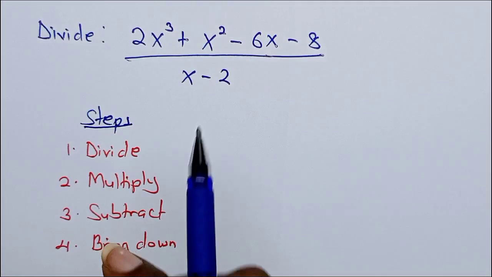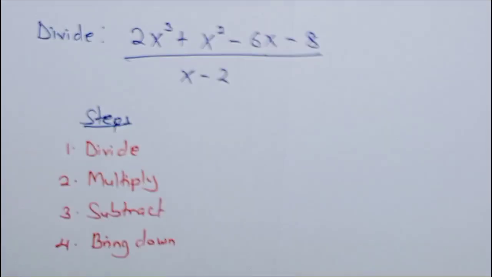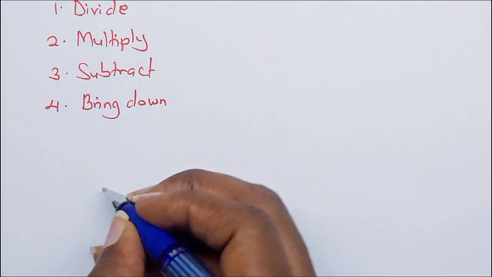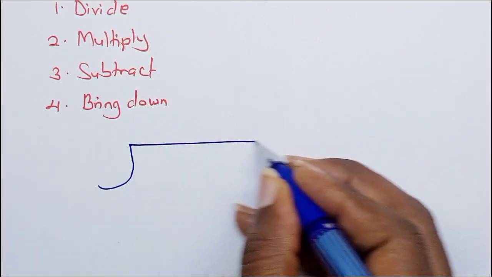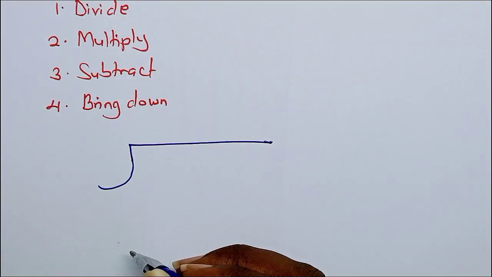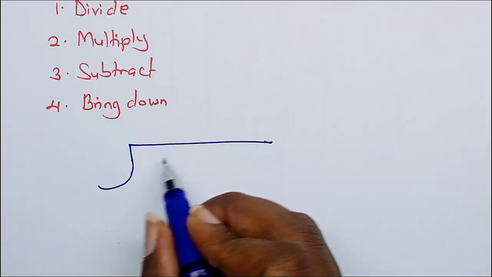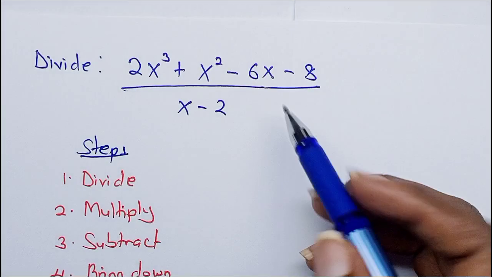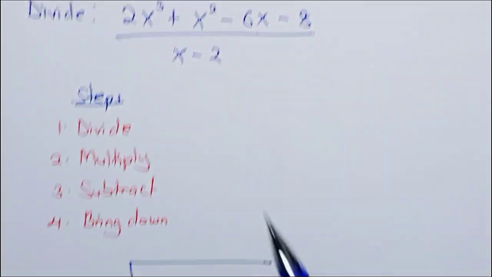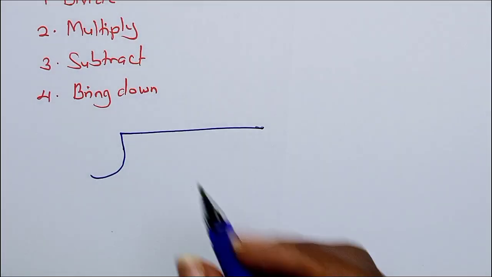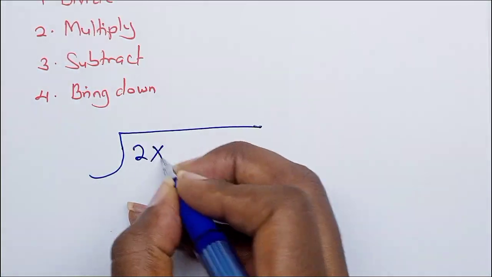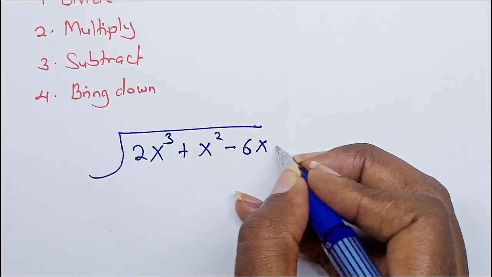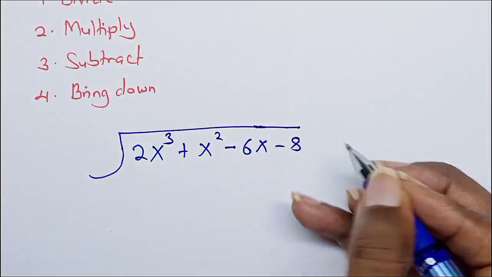So we have this. Now, to put it on the long division, you first put the long division sign. Here is where we put the dividend, the figure that you want to divide. So it will be 2x cubed plus x squared minus 6x minus 8.